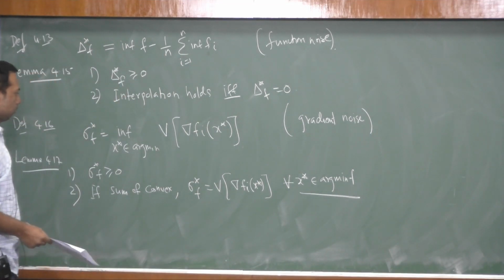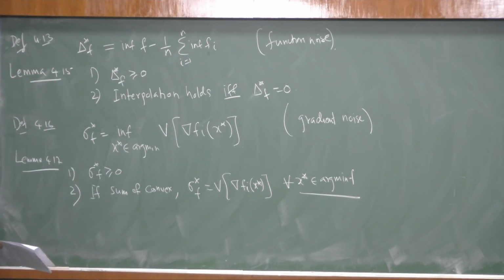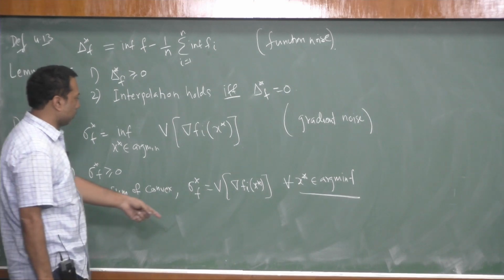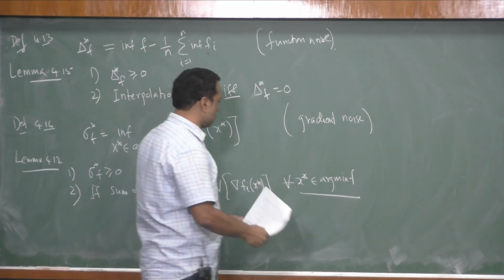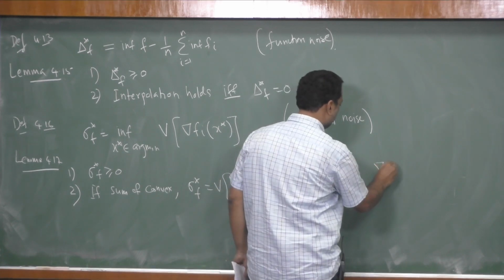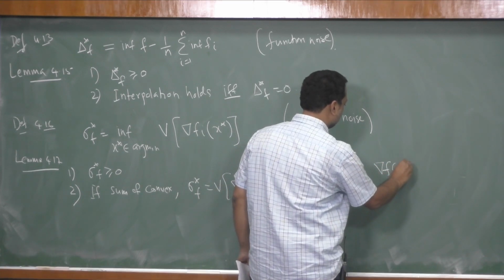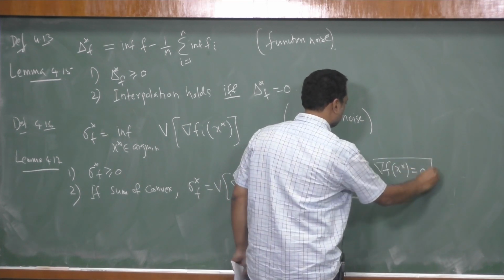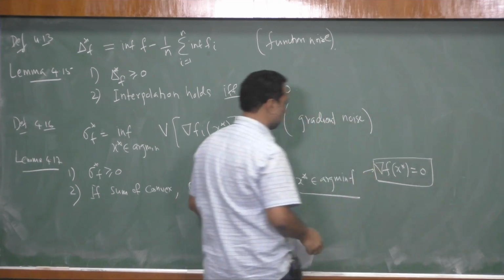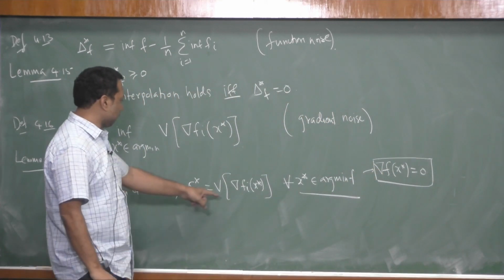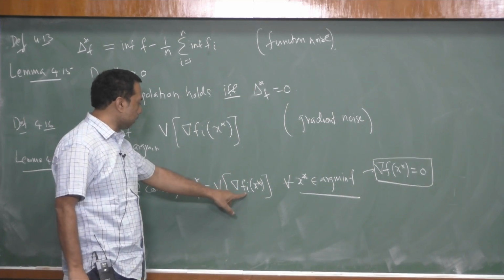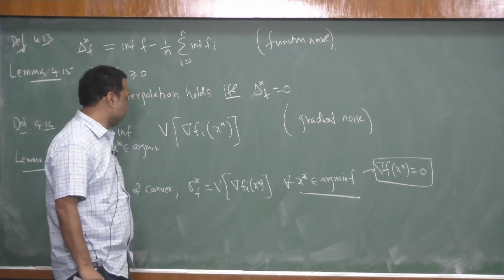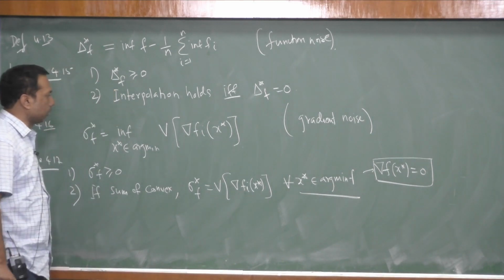What we are trying to say is how the gradients vary. For this x star, I know for sure that grad f at x star will be 0, because x star is the minimizer. But what I don't know is the behavior of the fi's at x star, how much they vary.